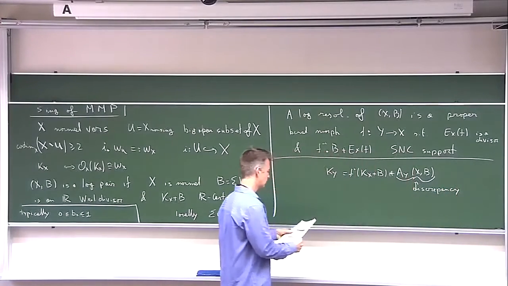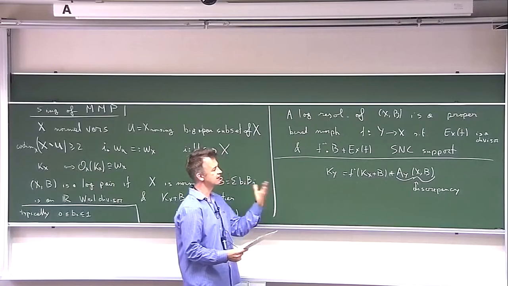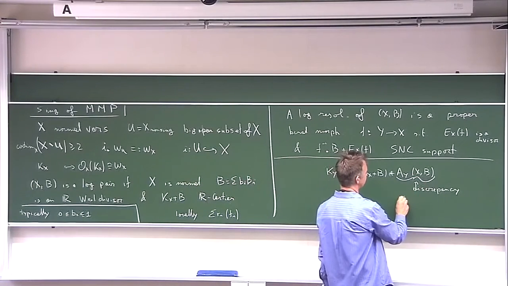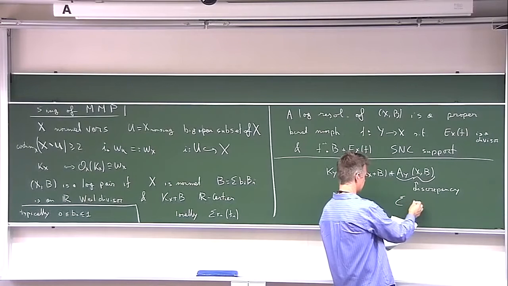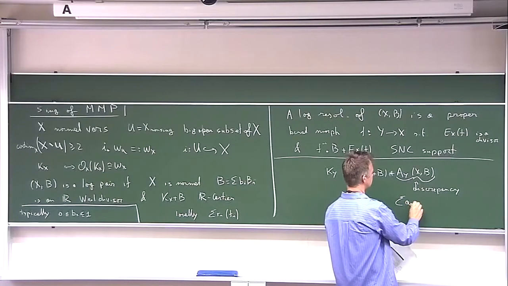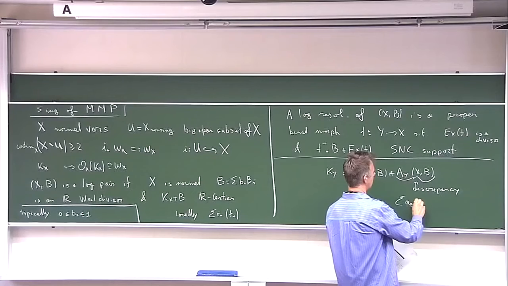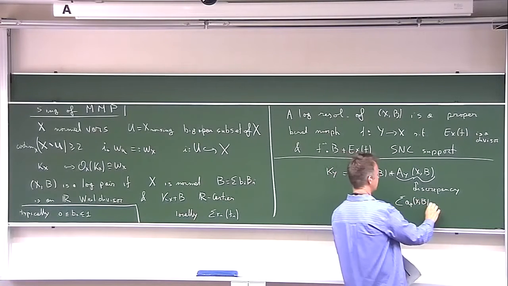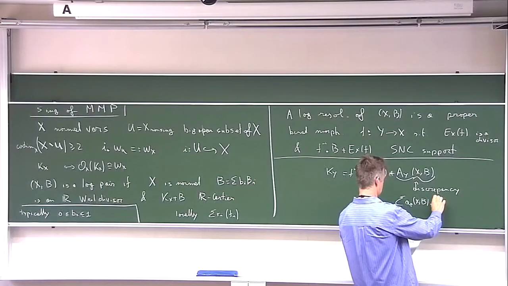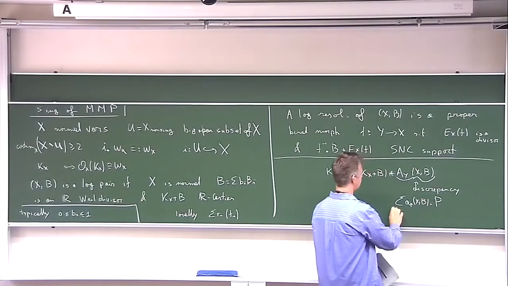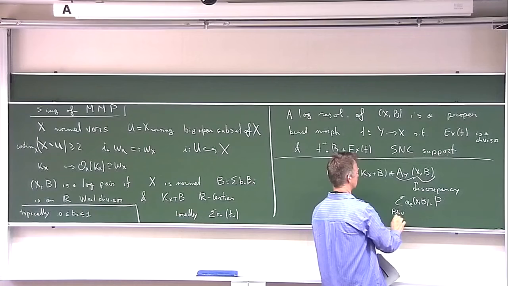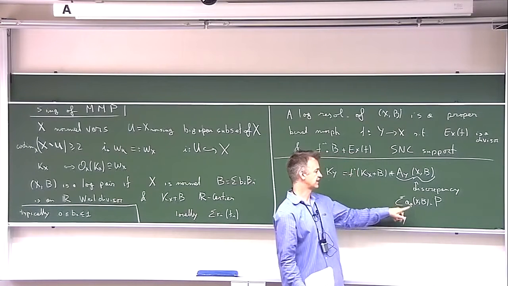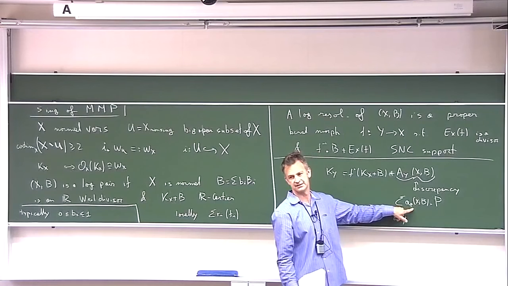Okay. So this is a divisor. Its coefficients could be positive or negative. So this divisor is of the form a sum over some prime divisors, with coefficients, let's say a_P, depending on X and B, pretty soon I'll suppress the X and B, times P, where P are divisors on Y. And for all but finitely many divisors on Y, this number is 0.